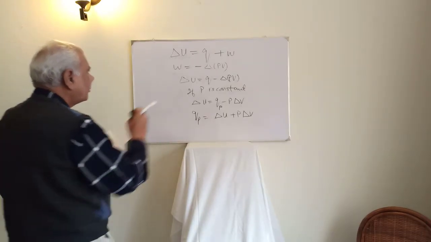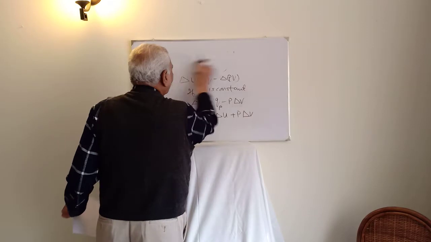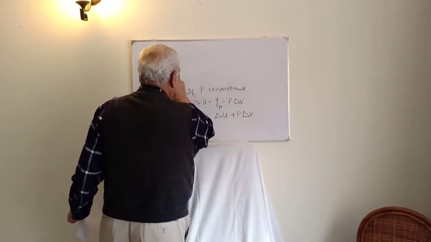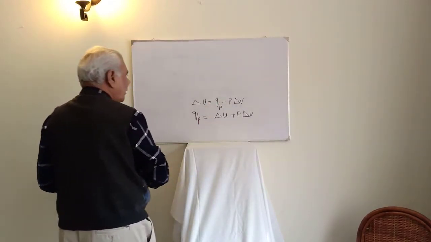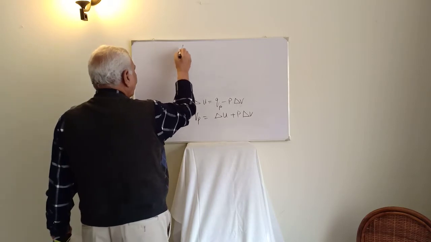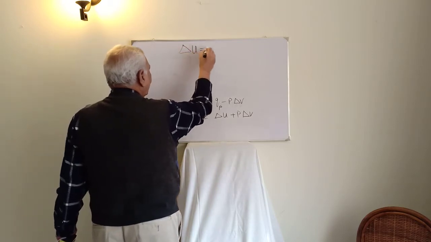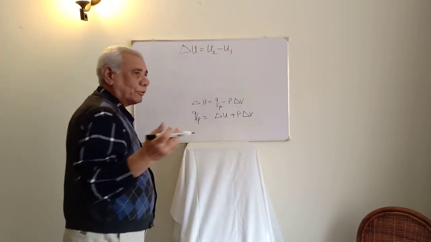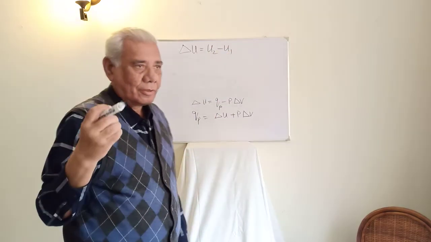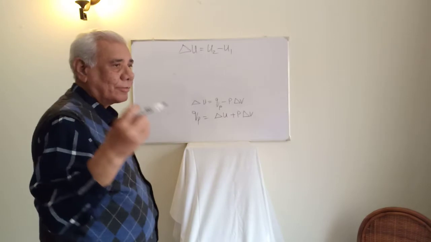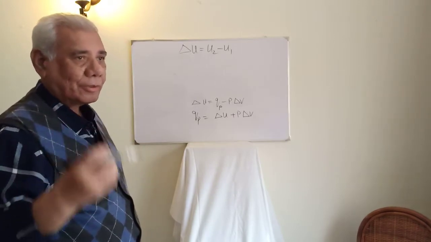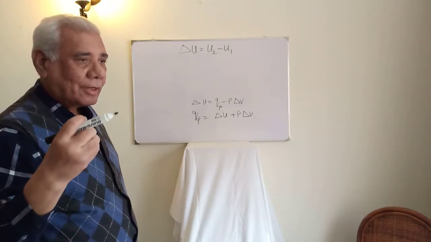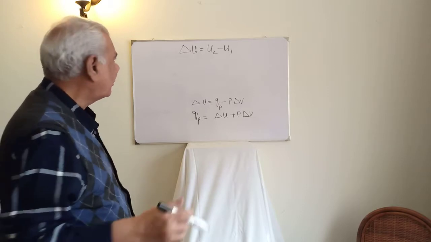Okay, now delta U is U2 minus U1. U2 is the internal energy of the final state and U1 is the internal energy of the initial state.